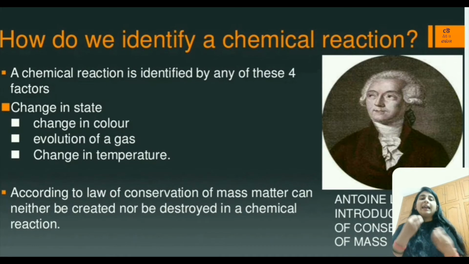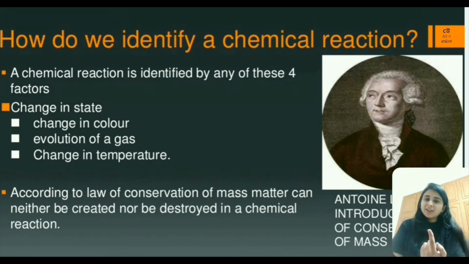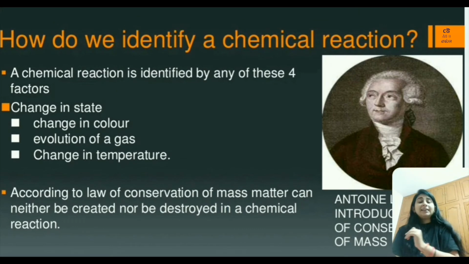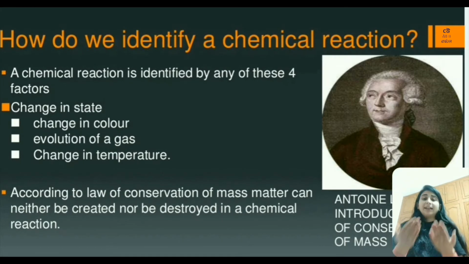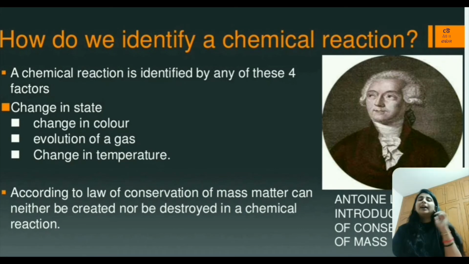Next one is evolution of a gas, and the last one is change in temperature. For both of these statements we'll use one reaction, and that is when calcium carbonate is heated. On heating there will be a change in temperature, and then once calcium carbonate breaks down or decomposes, it is going to form calcium oxide and carbon dioxide.